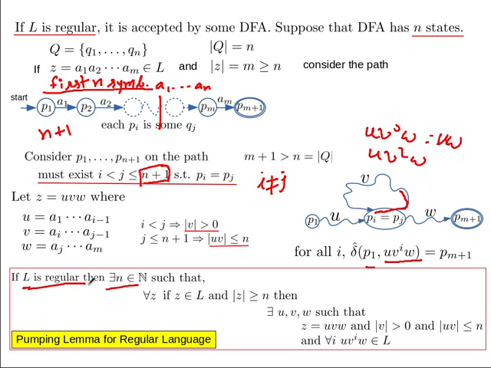So for any regular language L, there exists some n such that for all Z, if Z belongs to L and its length is at least n, then there exist u, v, w such that Z can be broken up into UVW, and this V is not empty. You see, that is why this i not equal to j is important.